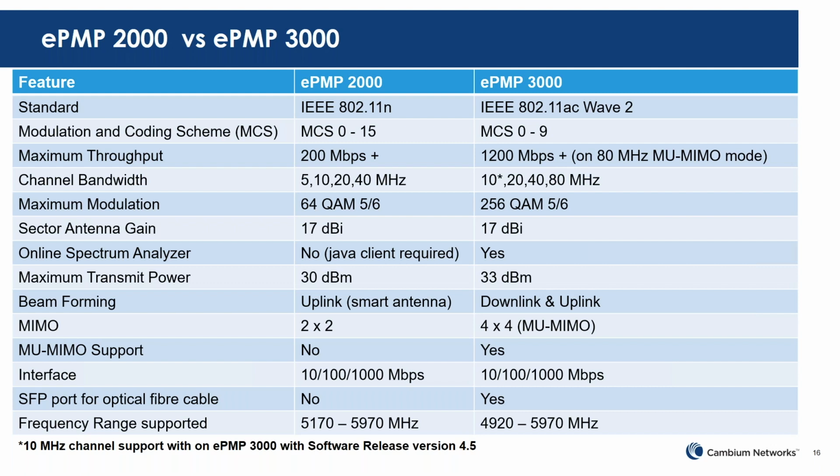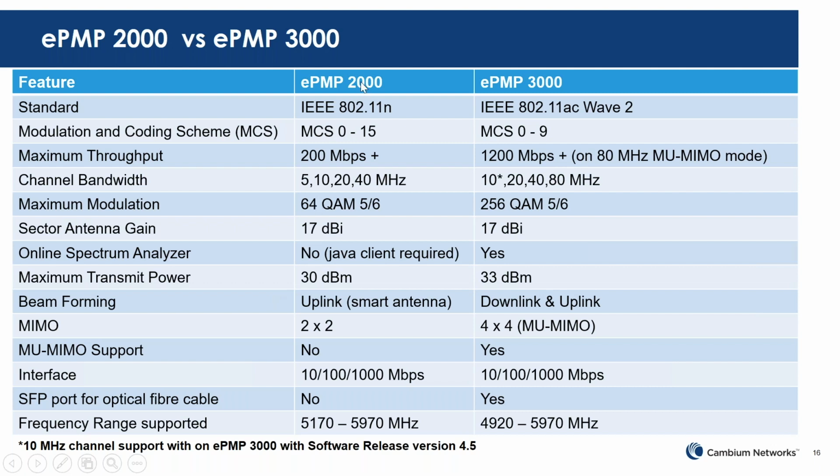But there is a condition for you to achieve that. That is when you have increased your channel size from 40 to 80, you have multi-user MIMO in place, and your link is short enough for you to achieve the highest modulation, which is 256 QAM. You can see the channel bandwidth support.